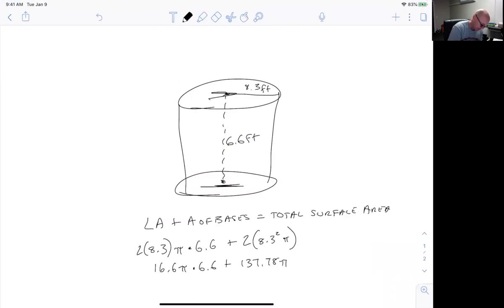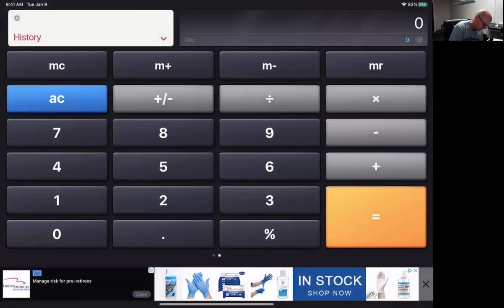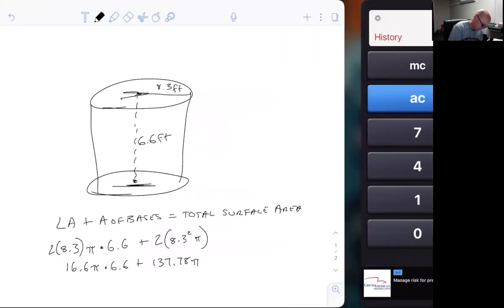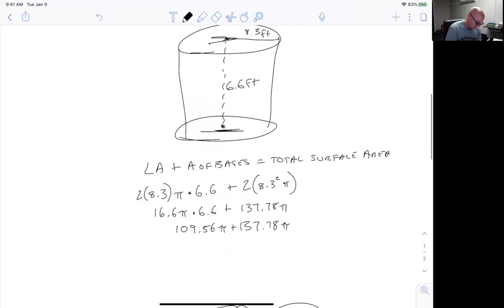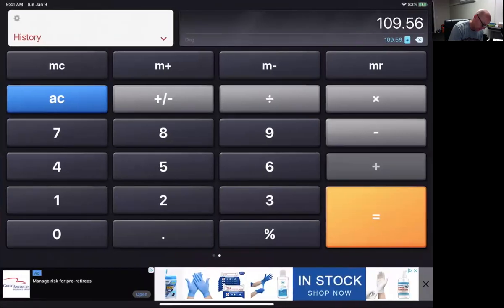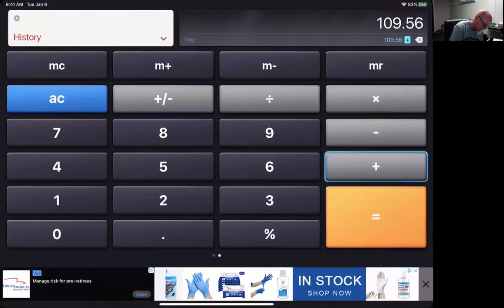Okay, and 16.6 times 6.6 is 109.56 pi, plus 137.78 pi. So let's do 109.56 plus 137.78.